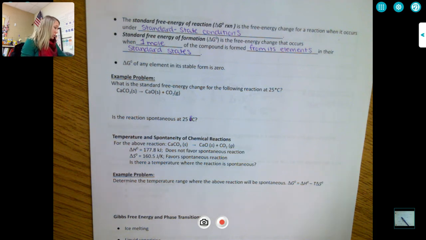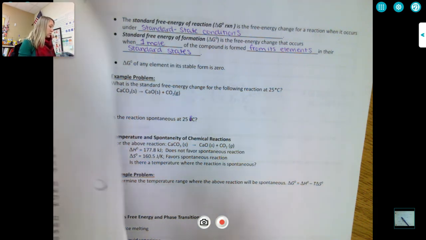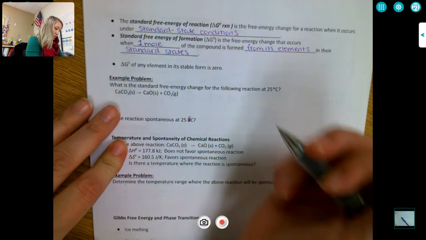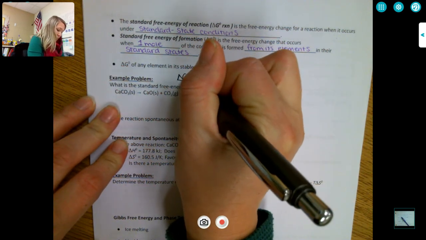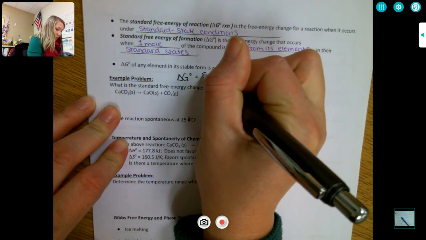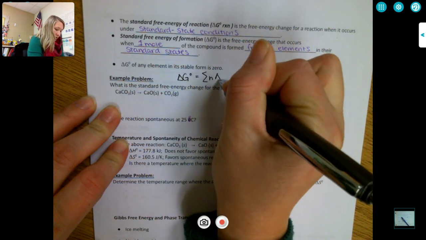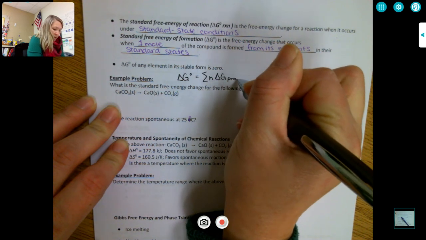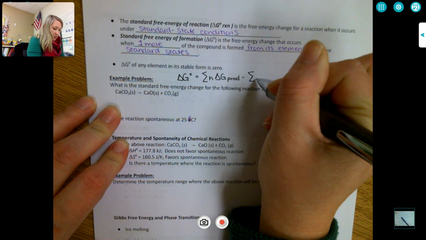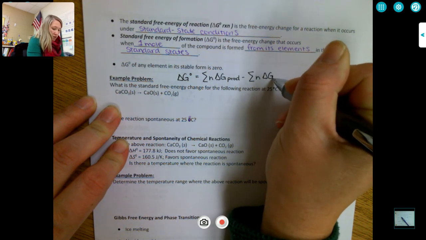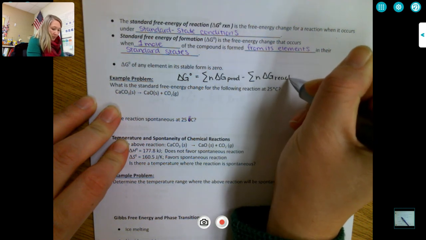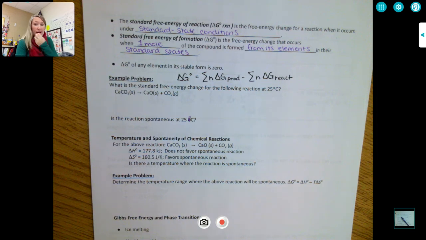So we need to plug in our values from our chart. Our delta G naught is the sum of our delta G of our products minus the sum of our delta G of our reactants. Remember that n has to do with the moles that we have from our equation.